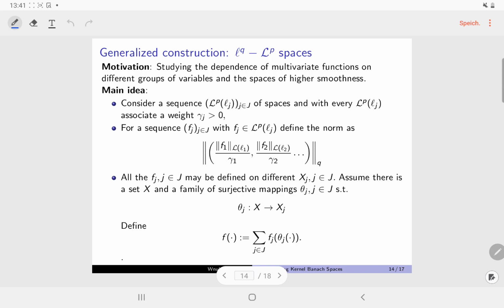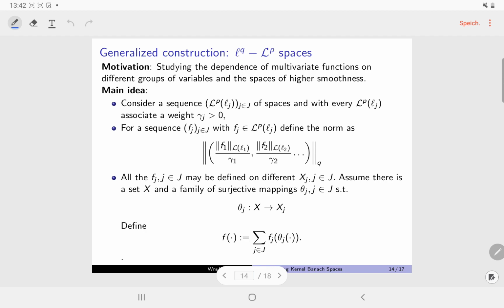And to this end, we introduce the small LQ capital LP spaces. I will refer to them later on just as LQ LP spaces. And the main idea here is that we consider a whole sequence of LP of L spaces, that is LP of L1, LP of L2, and so on.